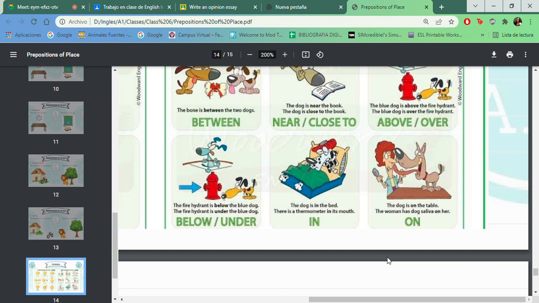Okay? Another common use of on is with social media. When we want to talk about the social media that we use, we say on. We don't say I have TikTok. We say I'm on TikTok or I'm on Instagram.